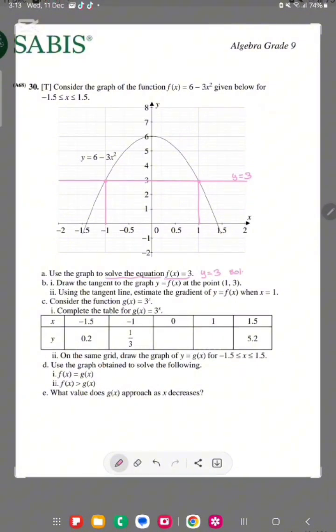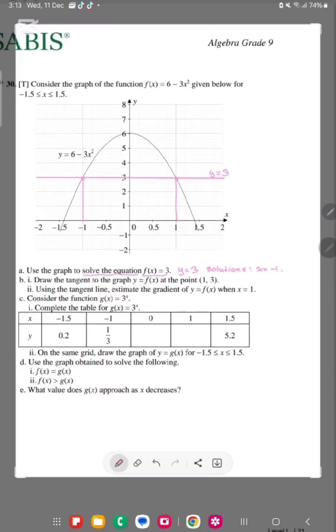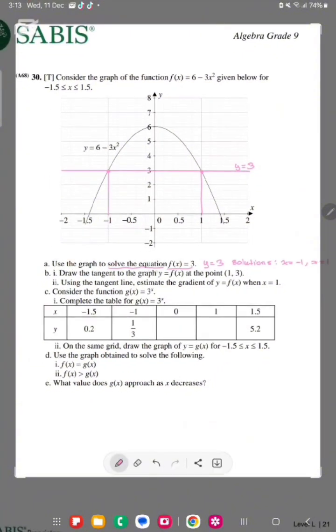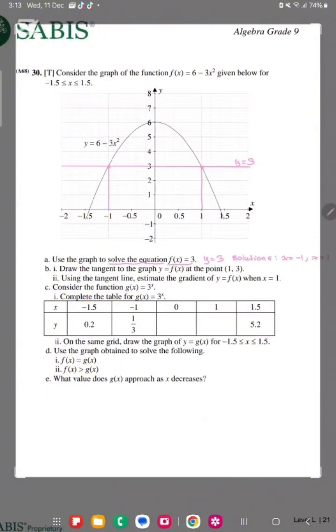So the solutions are x equals -1 and x equals 1. So when they ask you to solve the equation, whatever equation it is, graph the equation. You're going to take the points where they intersect and look at the x-axis where they land.